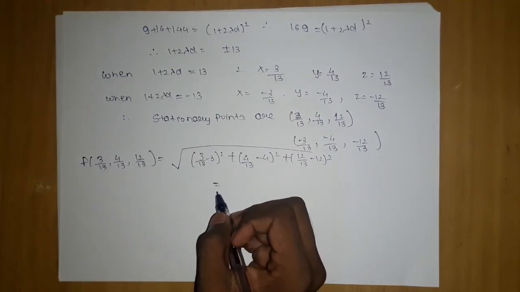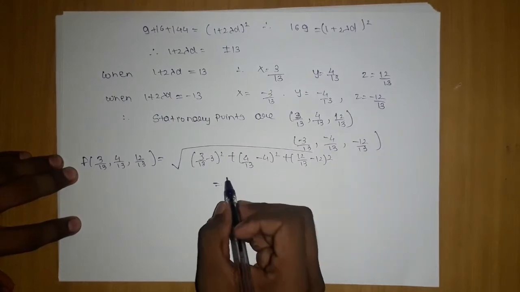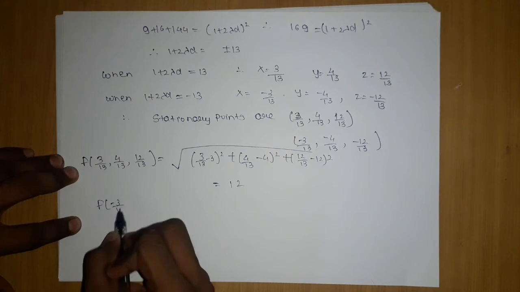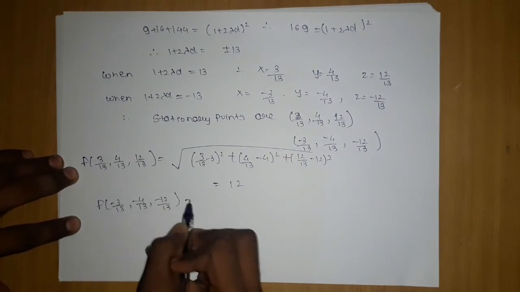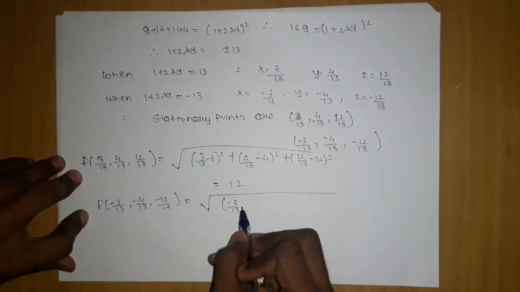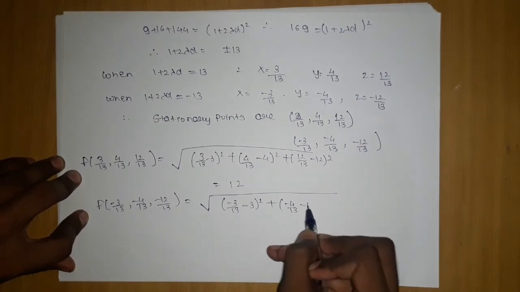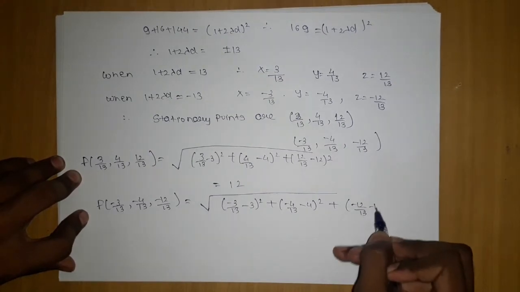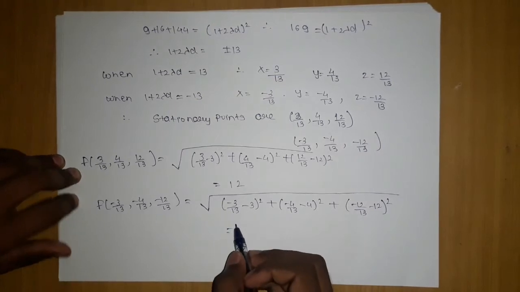If I calculate, what is the value? It comes to 12. And f(−3/13, −4/13, −12/13) is the square root of (−3/13 − 3)² + (−4/13 − 4)² + (−12/13 − 12)².